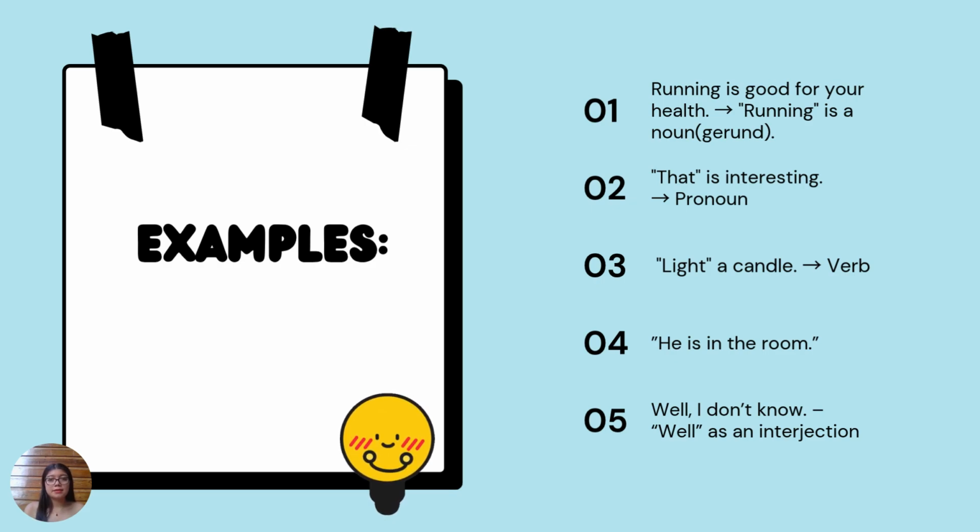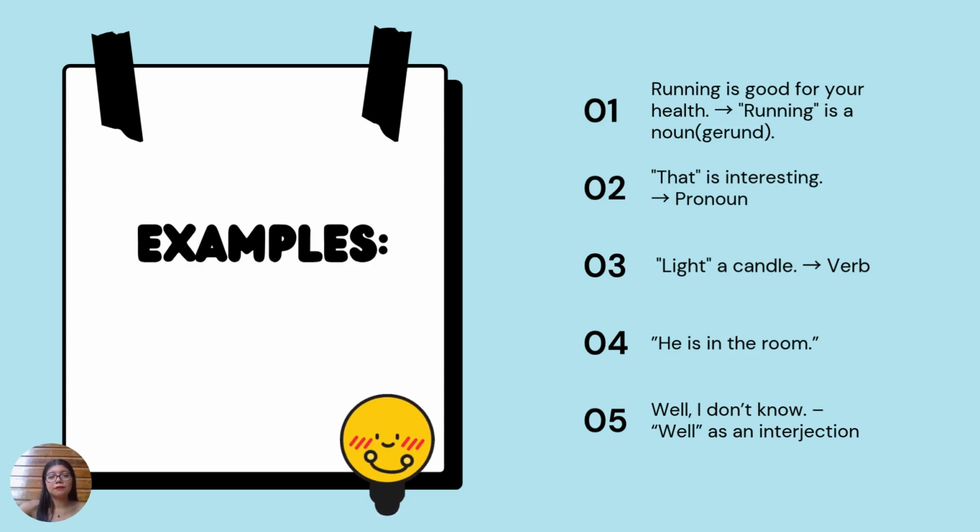In this sentence, that reflects an idea or situation, so its function is a pronoun. To compare: That book is amazing. Here, that is an adjective modifying book.